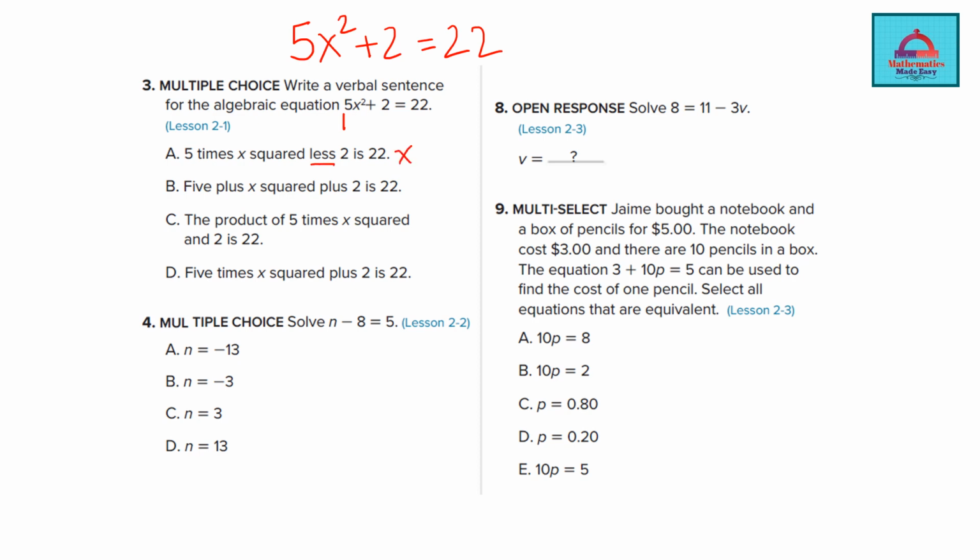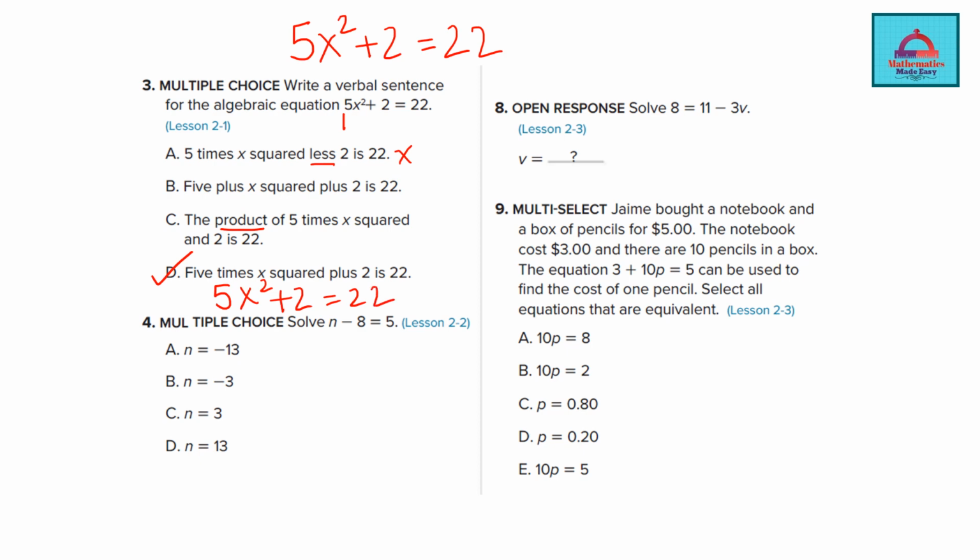So 5 plus x squared plus 2 is 22. This is not the correct one. The product of 5 times x squared and 2 is 22. This is also not correct because you are not having product, you are adding. So the correct answer is 5 times x squared plus 2 is equal to 22. So D is the answer.